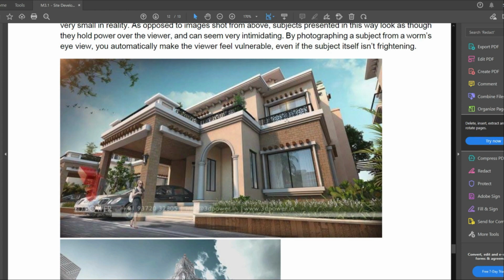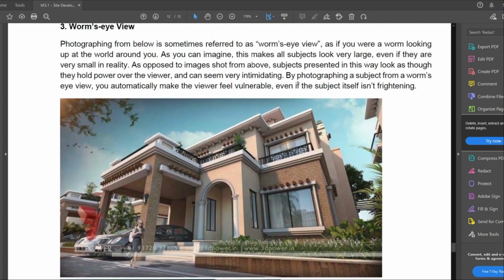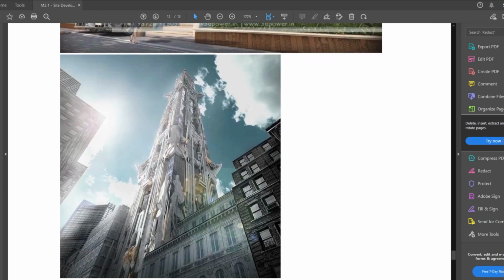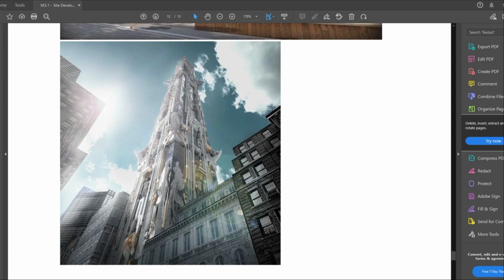So it's either naga-hapa ka while naga-photograph. So worm's eye view siya. Ginagamit naton ang worm's eye view usually sa mga high-rise nga mga perspective.